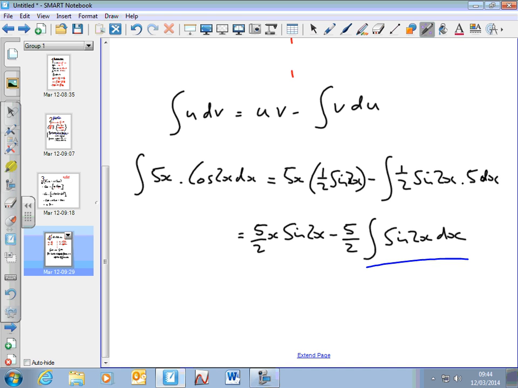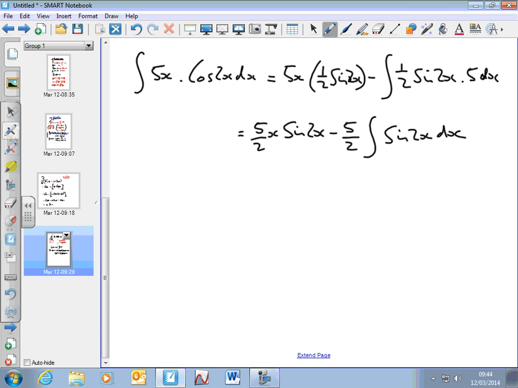The other function, the x in this case, the 5x, which was why we couldn't do the first integral, because there were two functions multiplied together. One of them has now disappeared, so it's just a standard integral. The integral of sine is minus cos over 2, so it equals 5 over 2 x sine 2x minus 5 over 2 times minus cos 2x over 2, plus c.